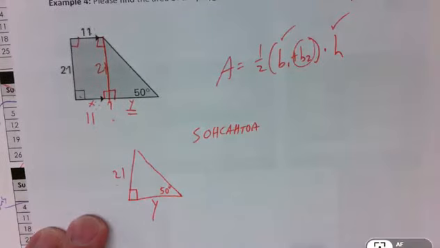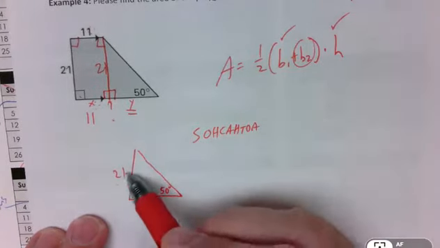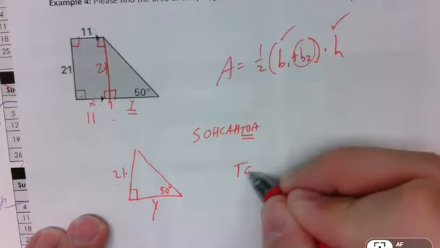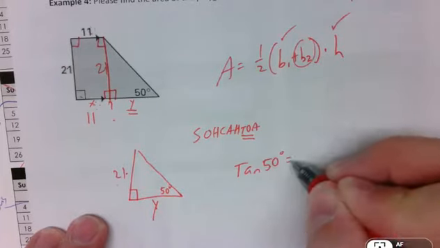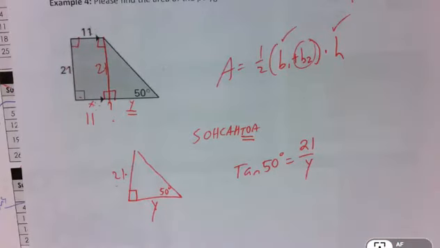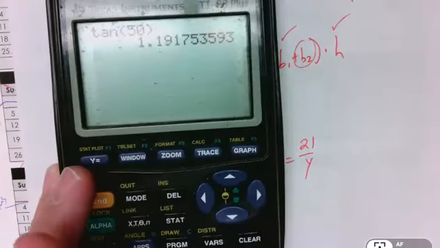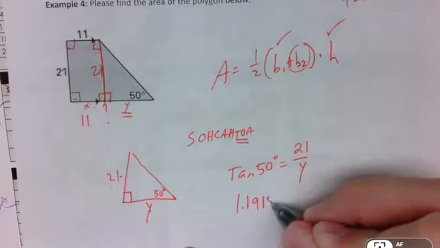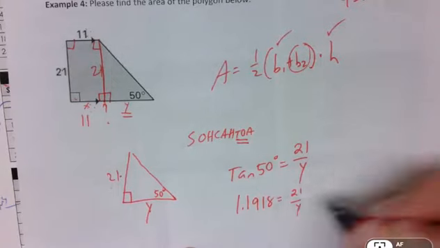So I'm looking at that. This is the opposite. This is the adjacent. Well, opposite and adjacent would be tangent. So the tangent of 50 equals opposite over adjacent, and then we solve from here. We need tangent of 50 from the calculator. I get 1.1918. So 1.1918 equals 21 over y.